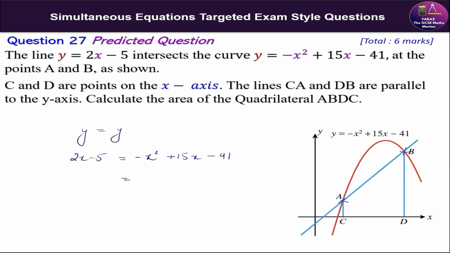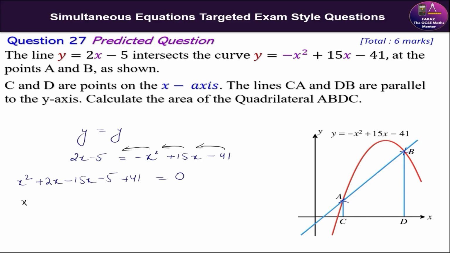Negative x squared becomes plus x squared, plus 2x is already there, then minus 15x, minus 5 is already there, and the negative 41 becomes plus 41, equals 0 as we bring all the terms to the left side.